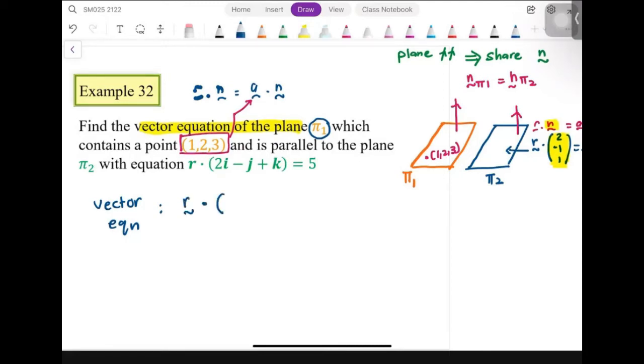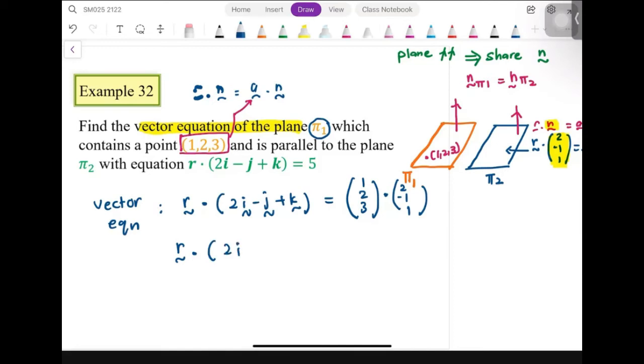Normal vector in the form of ijk, so 2i minus j plus k equal to A point on a plane, so 1, 2, 3, dot with once again our normal vector, so 2, negative 1, 1. Simplify this up, finally our answer would be r dot 2i minus j plus k equal to, settlekanlah dot product on our right side. That one we should get 2 minus 2 plus 3, so 3.